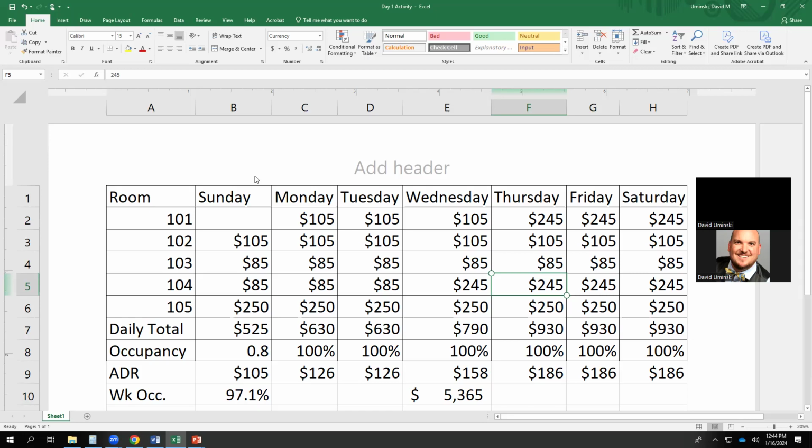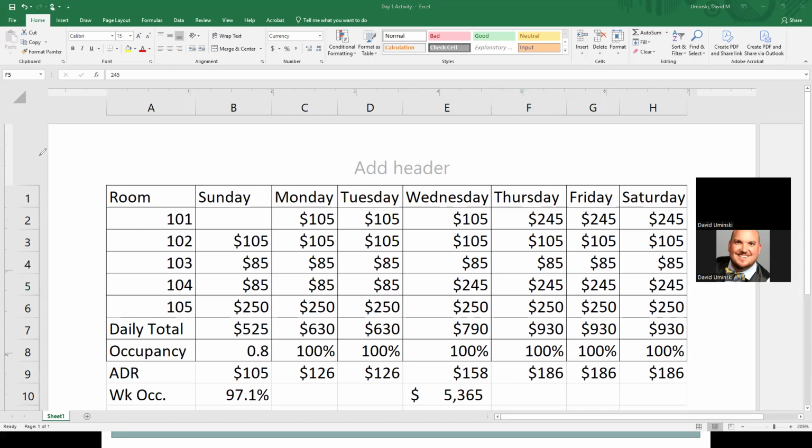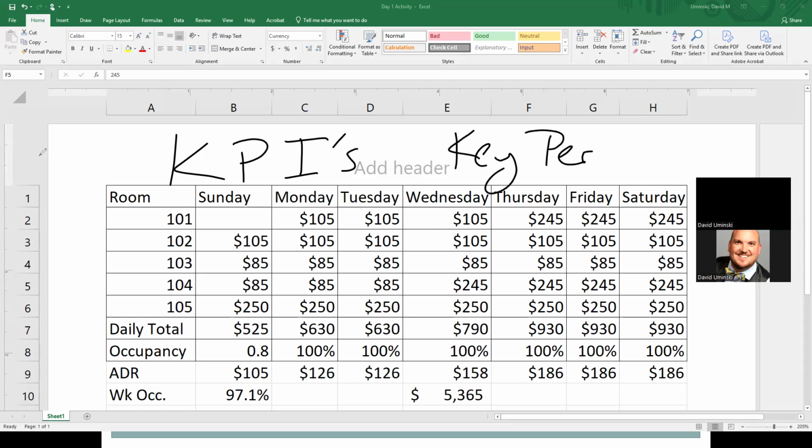If you take a look though, we have what we're going to talk about in future classes. We're going to have what we call KPIs. A KPI is a key performance indicator.